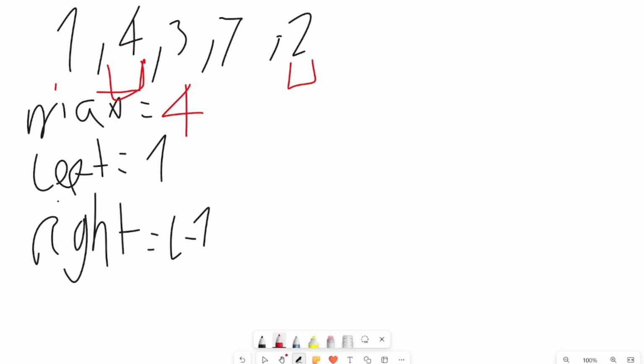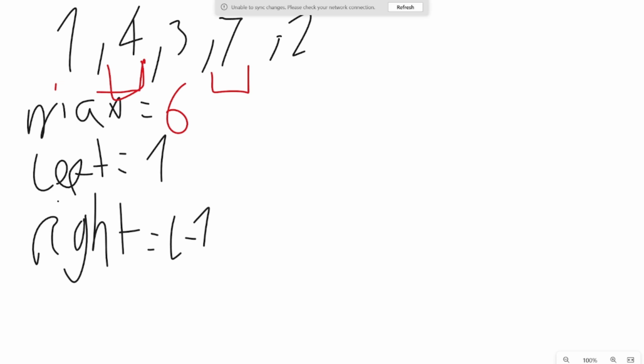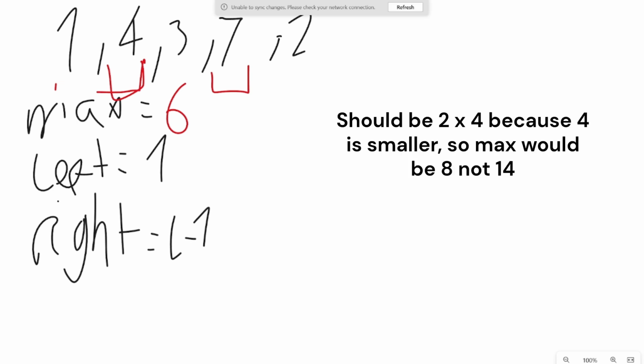And so the smallest one is 2. So 3 times 2 is 6. The max is now 6 because it's bigger. Okay. Now 2 is smaller than 4, so you decrement the right and we set it to 7. Now the distance is 2. So 2 times 7 is 14. So we set the max to 14.